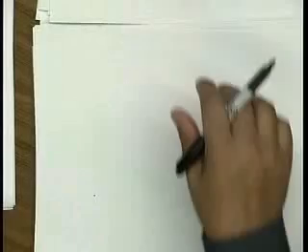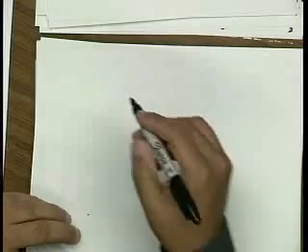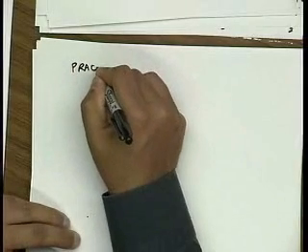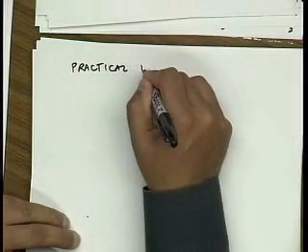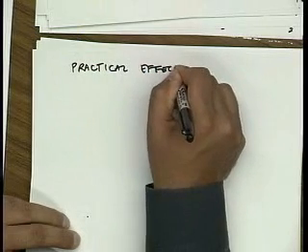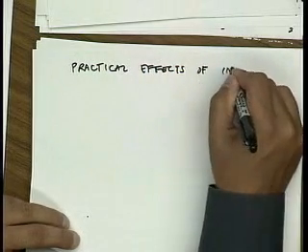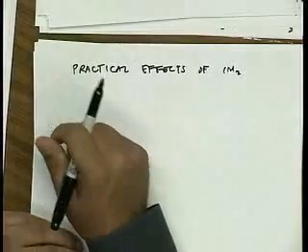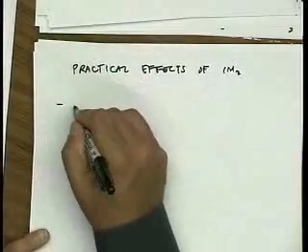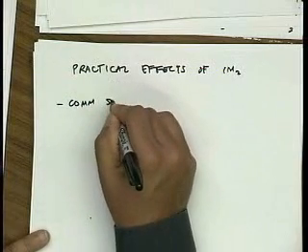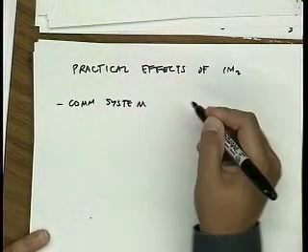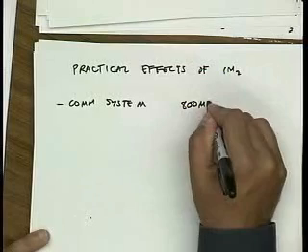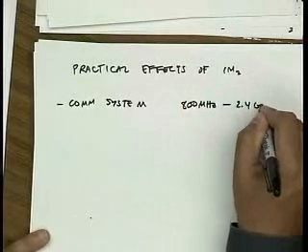All right, so what are some of the practical effects of IM2? Let's say we have a communication system that uses the bandwidth from 800 megahertz to 2.4 gigahertz.